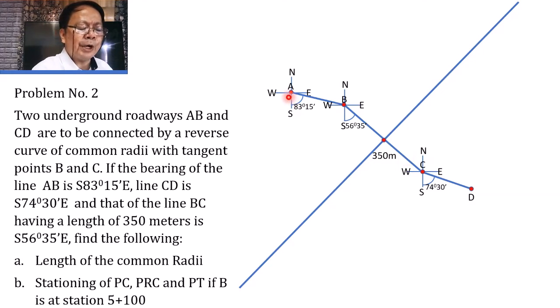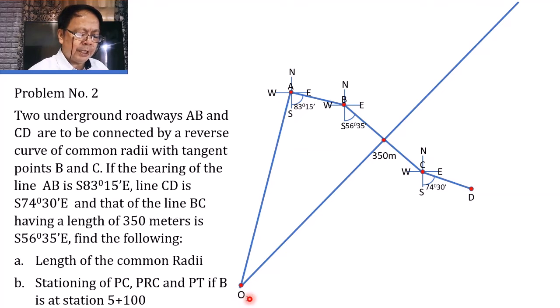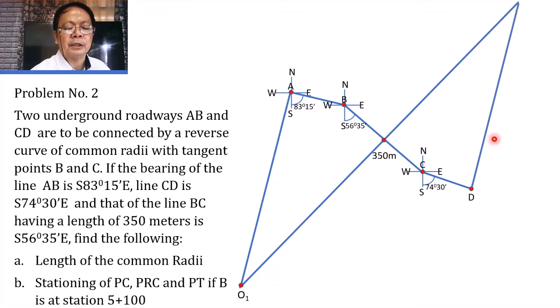Then from point A, we draw a line perpendicular to AB so that we shall be able to locate this position, this being the center of the first curvature. Similarly, we draw a line perpendicular to CD, passing through D, in order to locate the center of the second curve. And so we have here our center of the second curve.